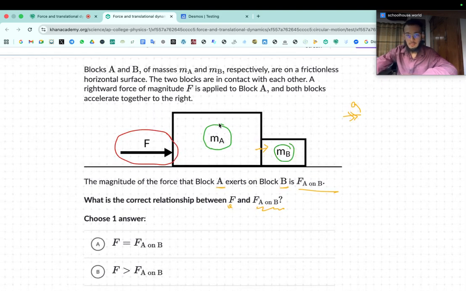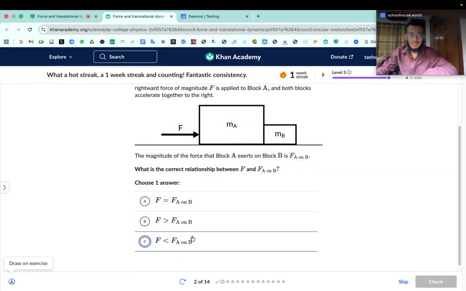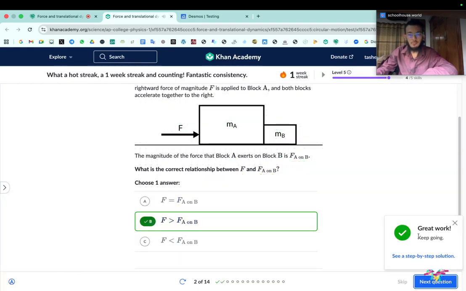After it is done moving block A, the remaining portion of this force is used to move the other block. So you can see it is sort of a distribution: some force is used for this one, and the rest for that one. So definitely F will be greater than the force of A on B, so we select B.